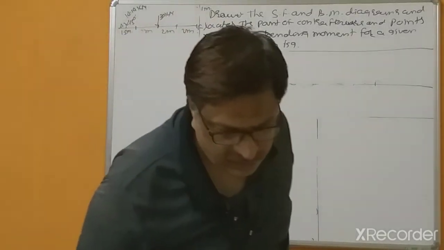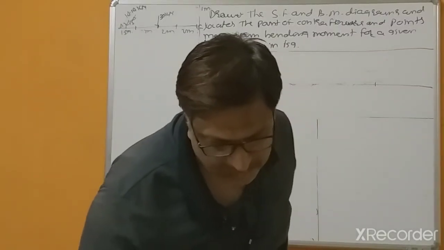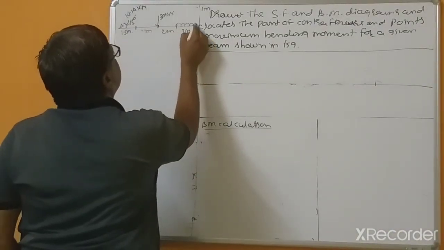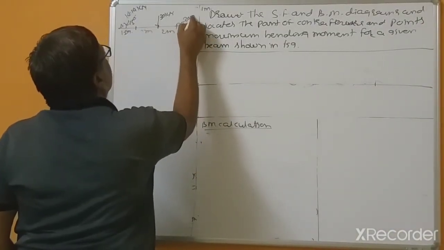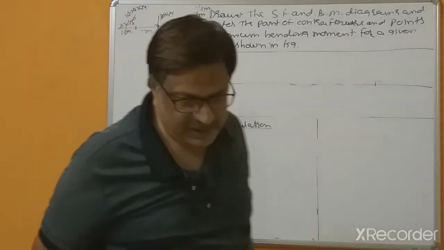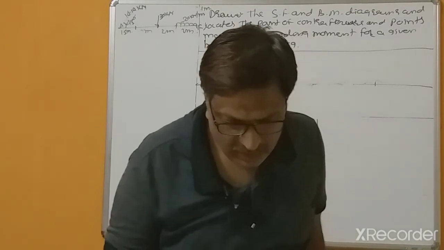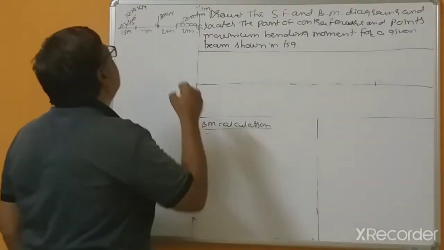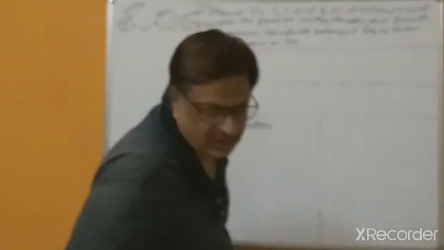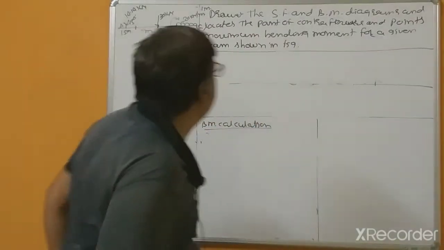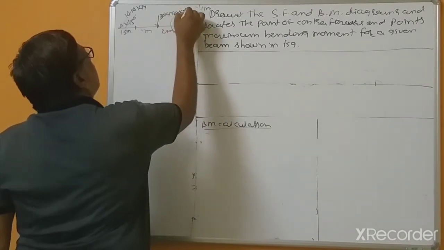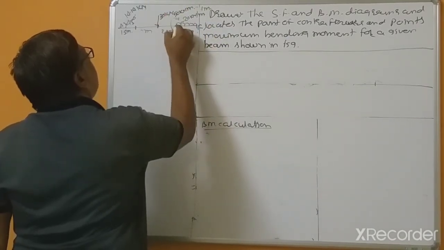Uniform distributed load 20 kilonewton per meter. A couple is also acting, a clockwise moment. So this is a couple, 50 kilonewton meter. This is the couple acting.